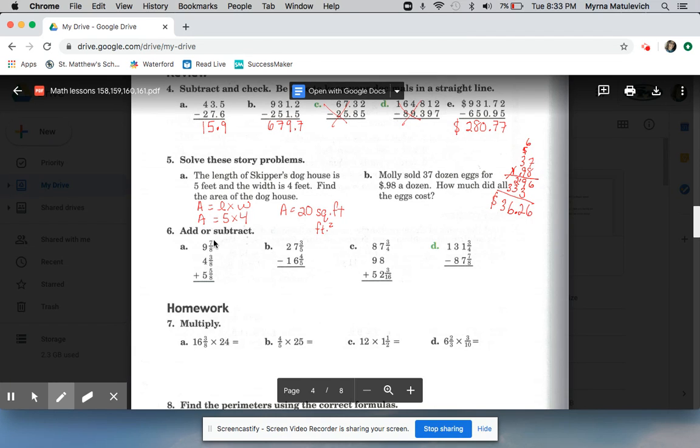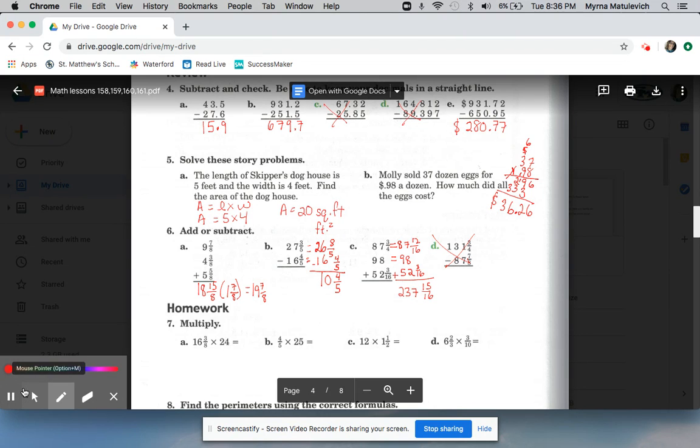Okay, add or subtract. Here we already had a common denominator, so we just needed to add straight down. But then this is an improper fraction, so I needed to divide 8 into 15, which gave me 1 7/8, and then I need to add my whole numbers. 18 plus 1 is 19 and 7/8.